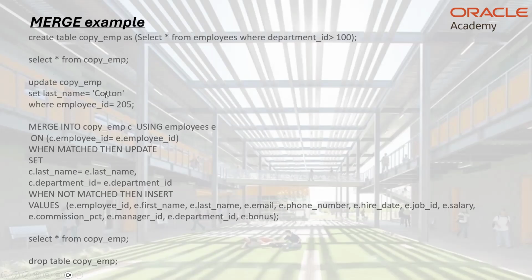So basically we have this one employee, Cotton, ID 205, and we're going to copy all of their information. And that's the gist of how the merge into works. I think I was going to run this, but I know there's not really a clean scenario to represent this unless we run it.